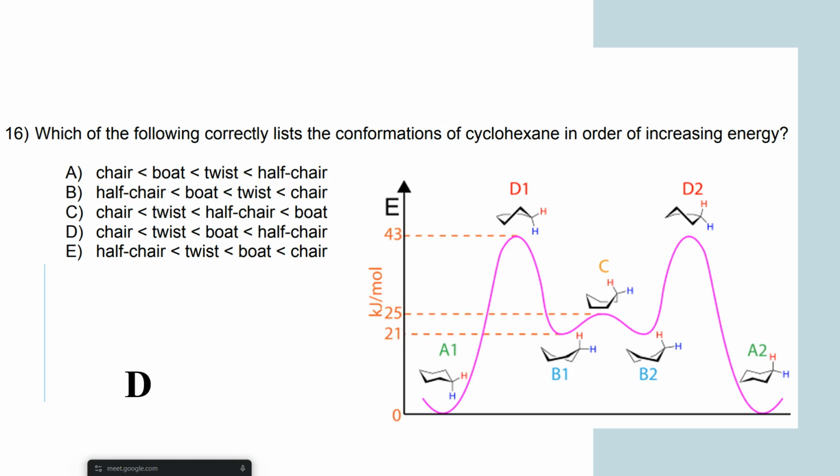Hence, if you look at all the 4 possible conformations of cyclohexane, you can clearly see that half chair will have the highest energy, and hence this one will be the most unstable conformation of cyclohexane. Whereas chair conformation is the one which is the most stable conformation for cyclohexane, having a 0 minimum energy.